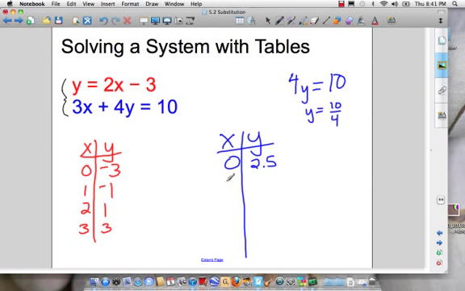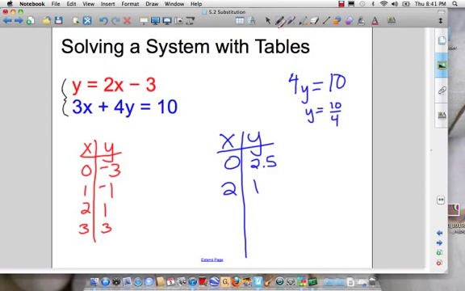So let's go on. Plugging in a 1 for x the arithmetic is a little tricky. So let's go ahead and plug in a 2 for x. So 3 times 2 is 6, and then we need to add something to that to get 10. It's got to be 6 plus 4. So y must be 1, because this would be 3 times 2, 6, 4 times 1 is 4, 6 plus 4 is 10.